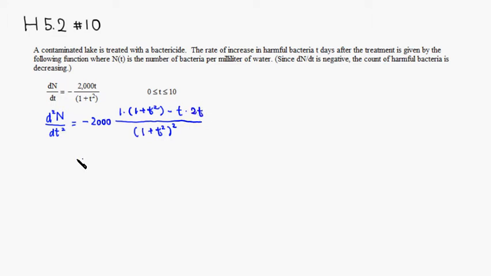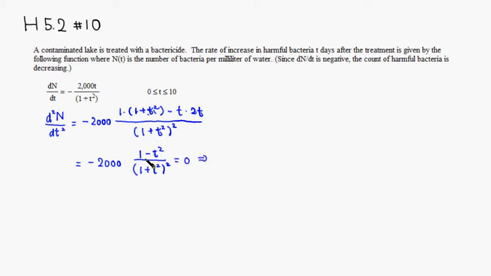So if you clean that up, you get negative 2000 times 1 plus t squared minus 2t squared, so it's going to be 1 minus t squared over 1 plus t squared squared. In order to find a critical number, we set that equal to 0.